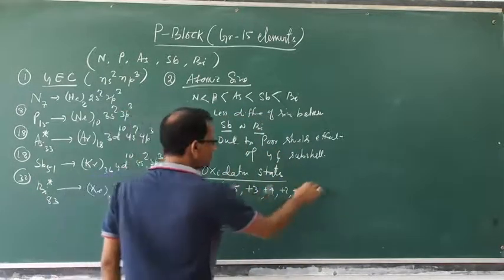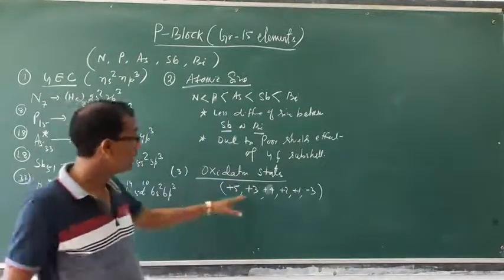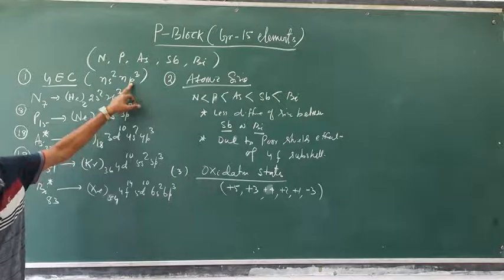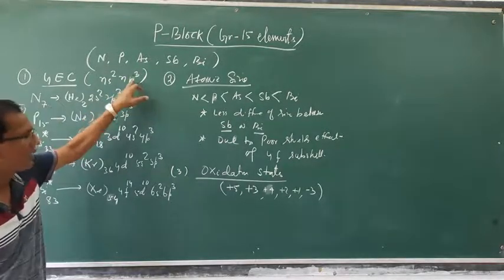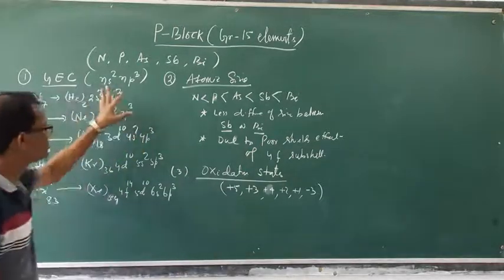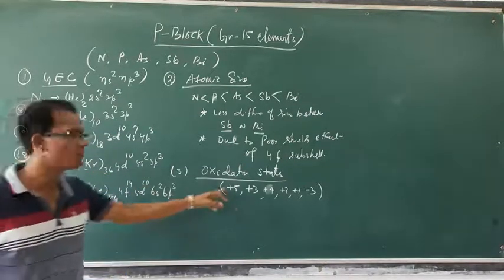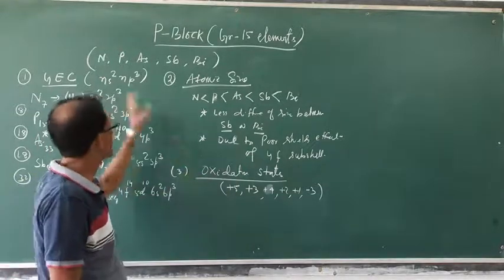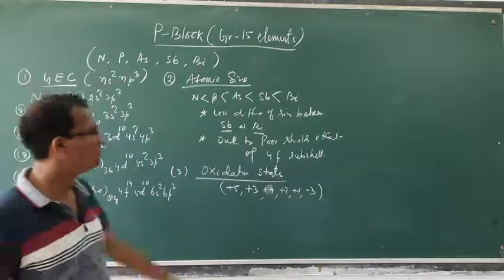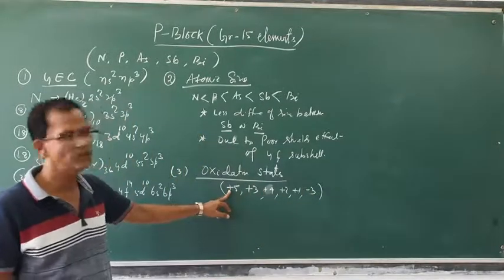So these are the important oxidation states of these group elements. Normally they show minus 3 as electronegative elements, and plus 3, plus 5. The highest oxidation state of this group is plus 5 and the lowest is minus 3.